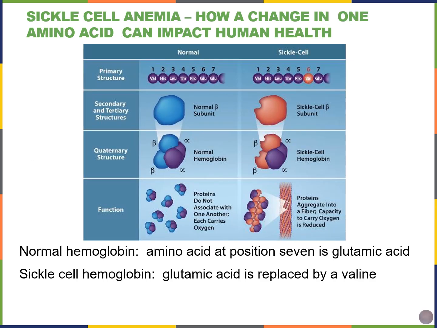Earlier, I mentioned one of the functions of proteins is transport, and I used hemoglobin as an example of a protein that transports oxygen from our lungs to our muscle tissues.